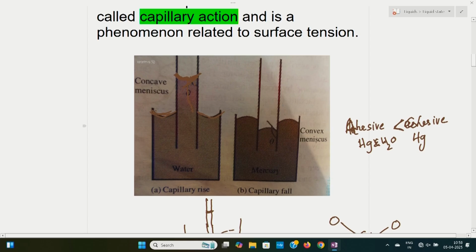That means the cohesive force of mercury molecules is stronger. Because of that, the capillary fall is happening when mercury is in contact with glass.